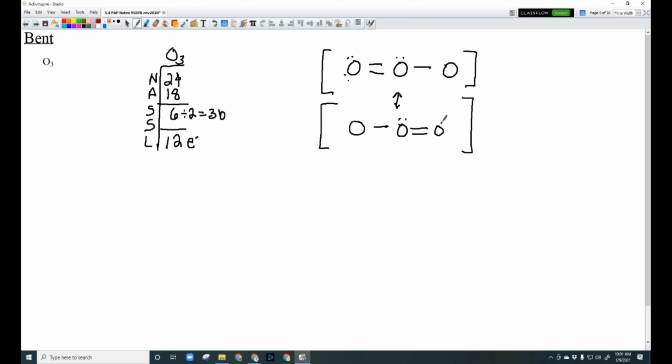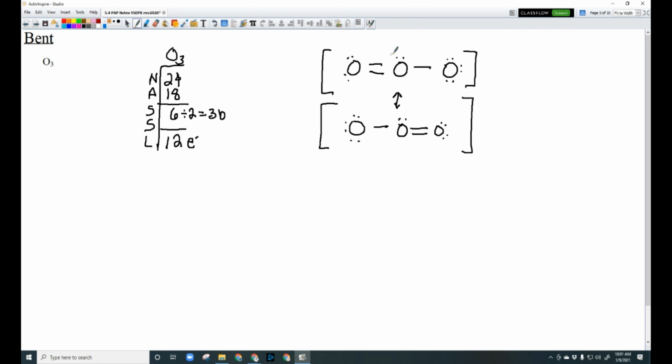Now that has its octet, so do the same over here. 2, 4, 6, 8. So do the same on this one. Okay, now let's verify that we didn't use more than our 12. So we have 2, 4, 6, 8, 10, 12. 12 valence electrons. All right, so here we have our resonance structure for O3.